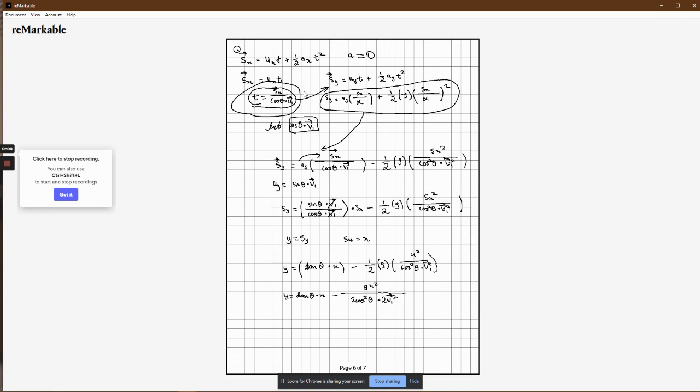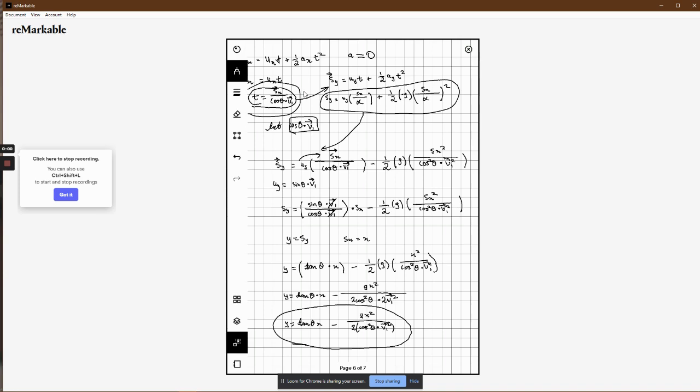And we can leave it in factored form, but I'll leave it in factored form. 2 tan theta x, right, minus gx squared over 2 cos squared theta multiplied by v velocity squared. And there is your equation to your parabola.